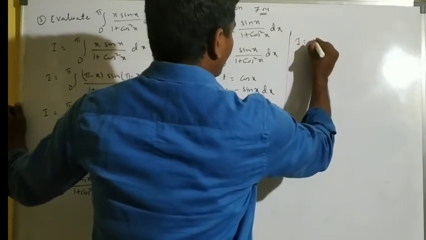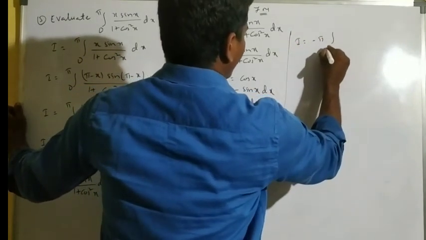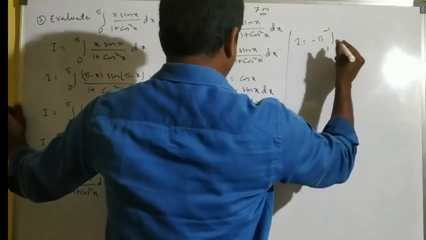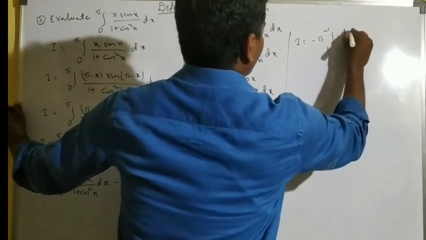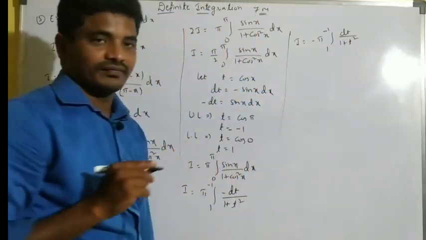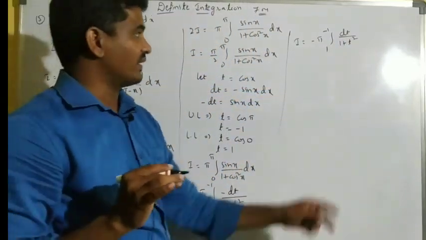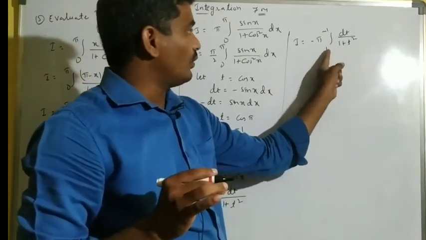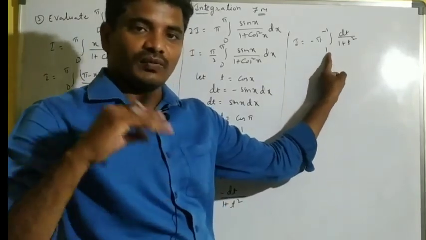I equals minus pi of integral from plus 1 to minus 1 of dt by 1 plus t square.